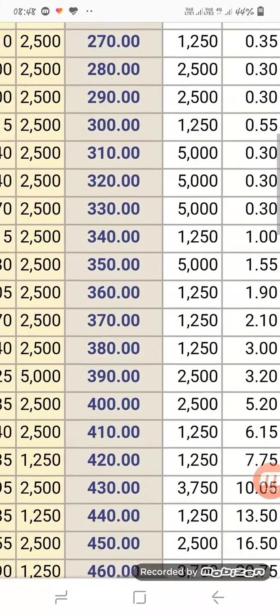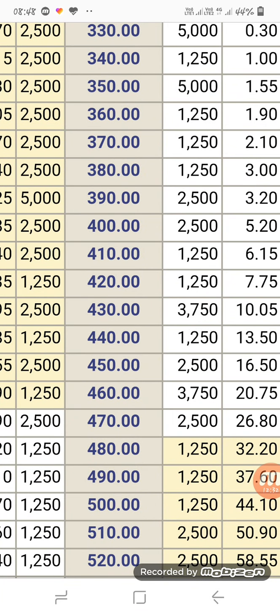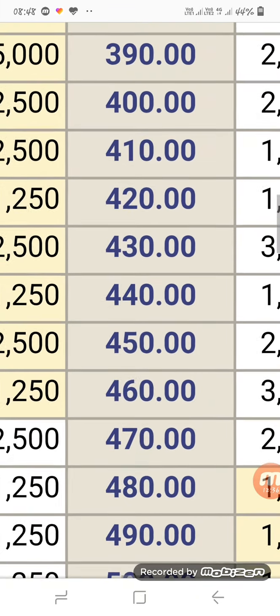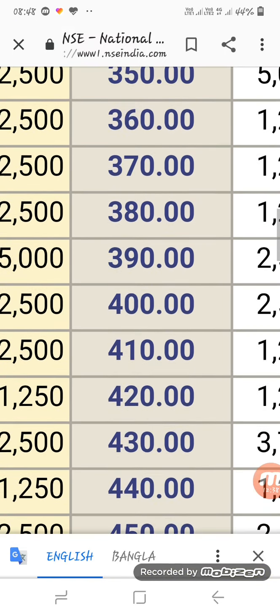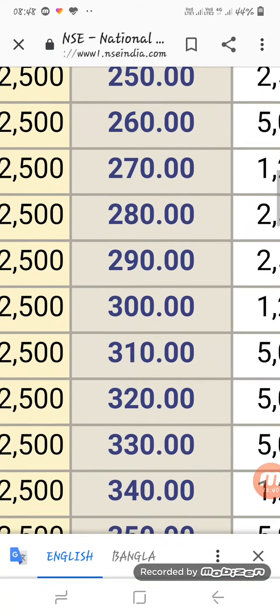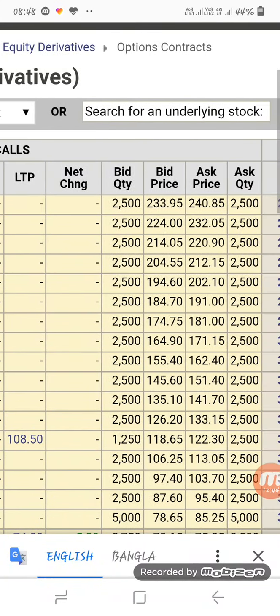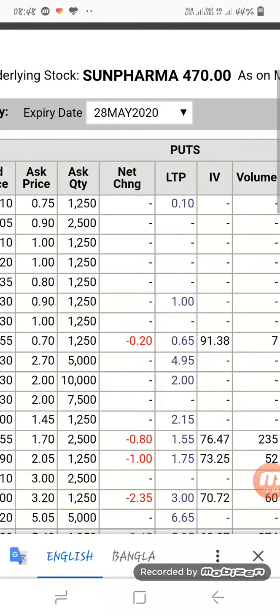Say we are thinking it will go to around 450, so we need to select 450, which is the strike price. But now we'll not select the call option, we'll select the put option.